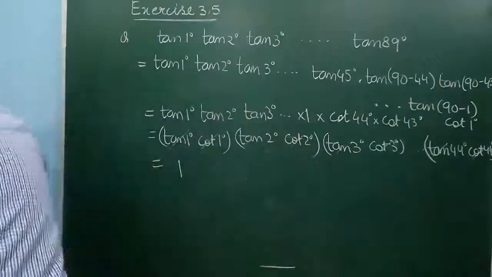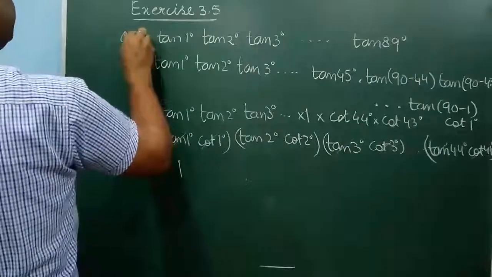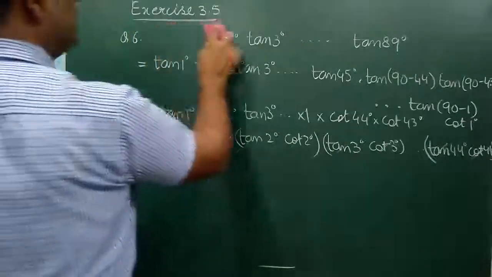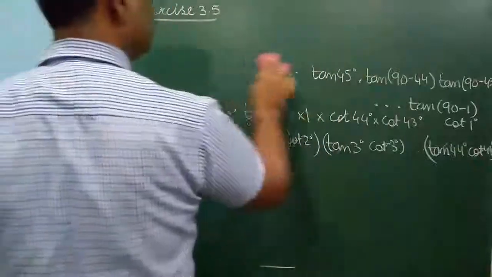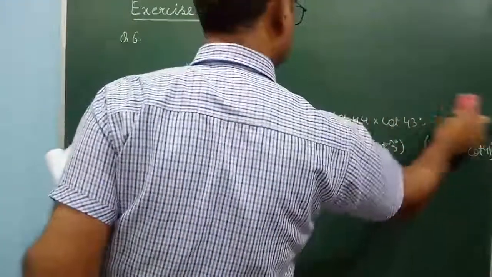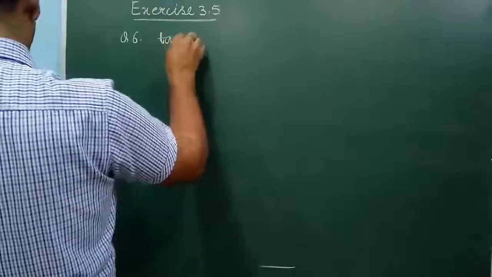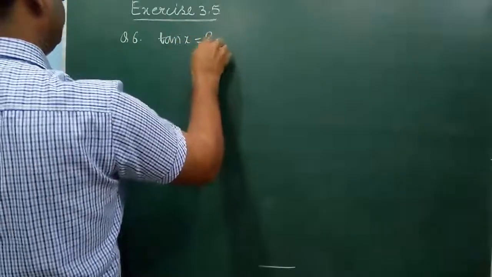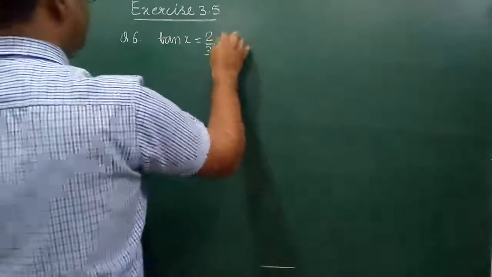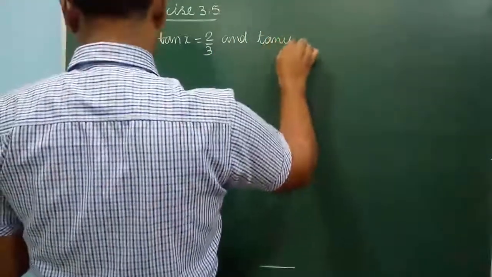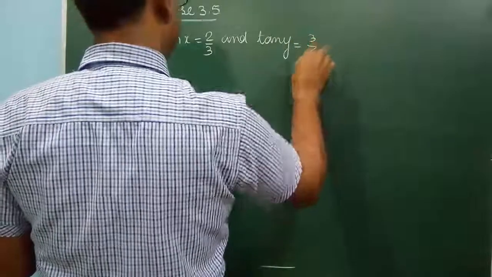Now see question number 6. What is there in question number 6? Tan x equal to 2 by 3 and tan y is equal to 3 by 4.